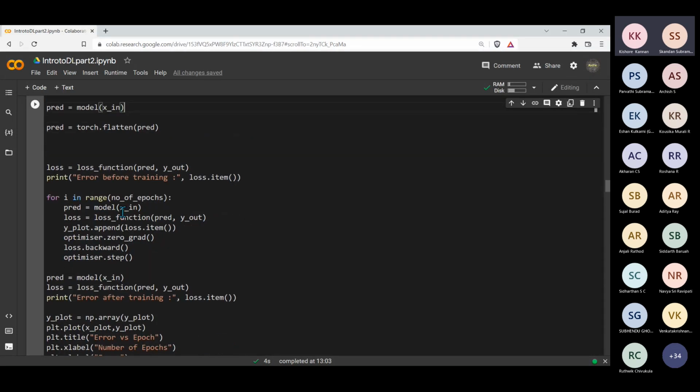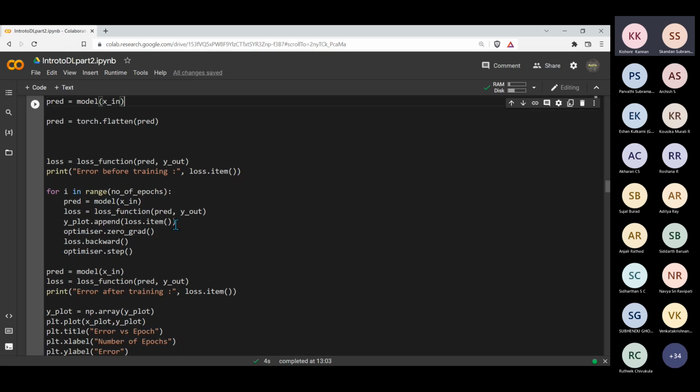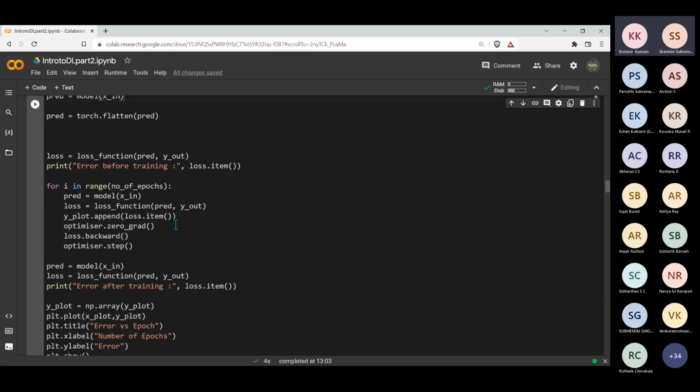And then for training, we use a for loop with number of epochs, for n iterations where n is the number of epochs. Again we use forward propagation, loss function, and back propagation. For back propagation, you would have seen these commands in the previous session.